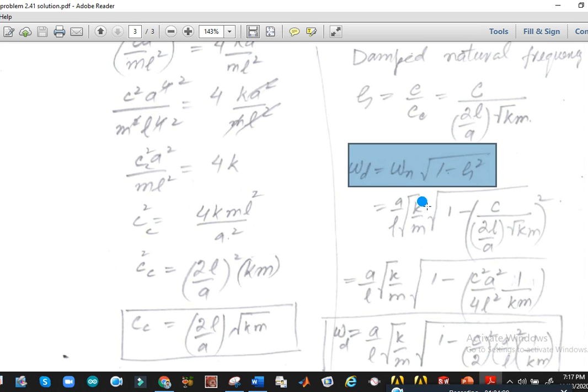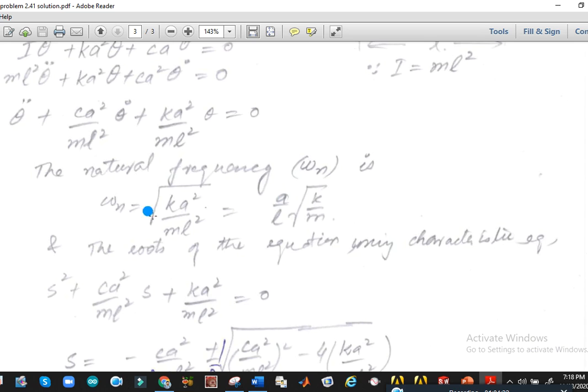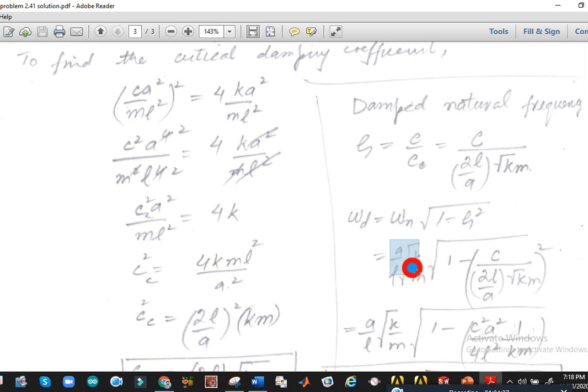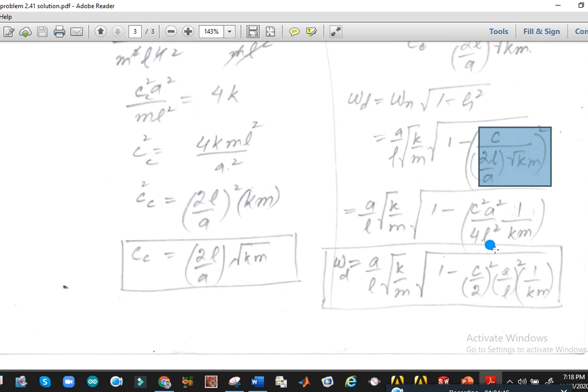We can see omega n is known. We have found it here. Omega n is equal to A over L into the square root of K over M. So putting the value here, and we have found the value of zeta here. So putting the value of zeta here, taking the square, and rearranging the expression, this is our final expression for the damped natural frequency.